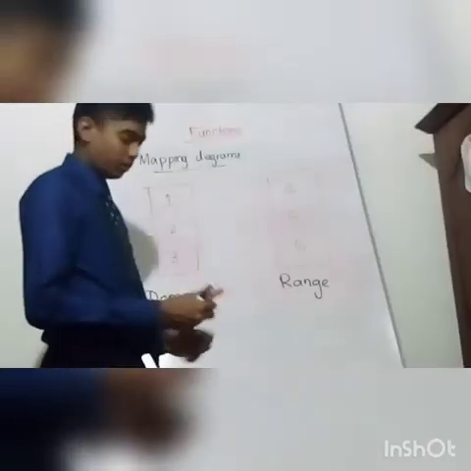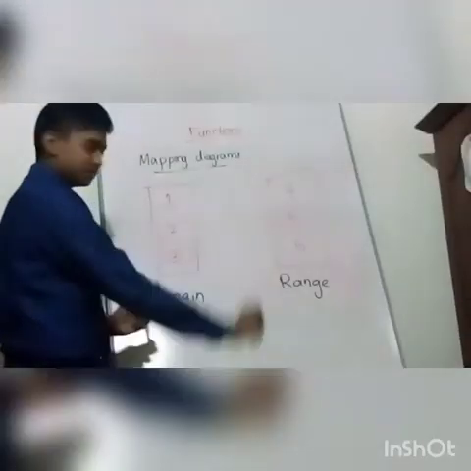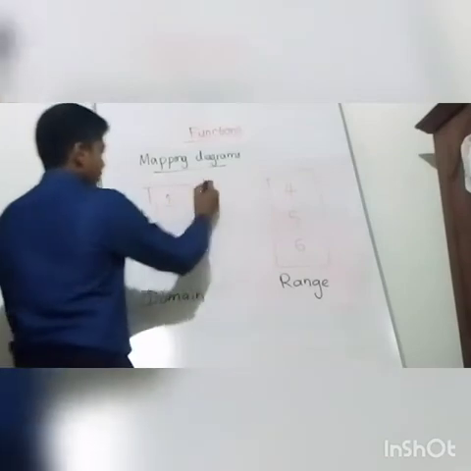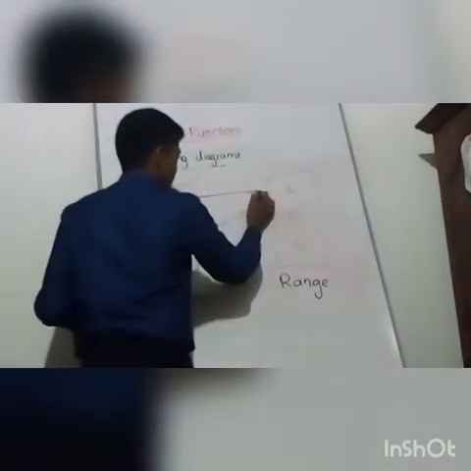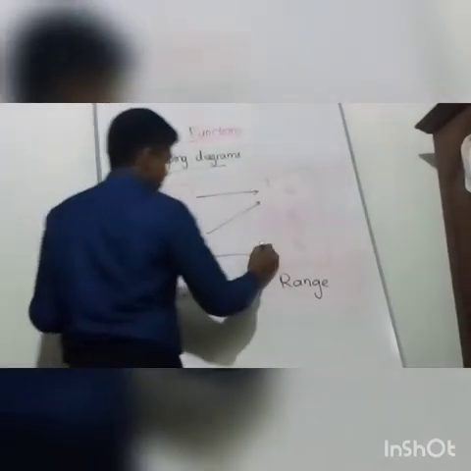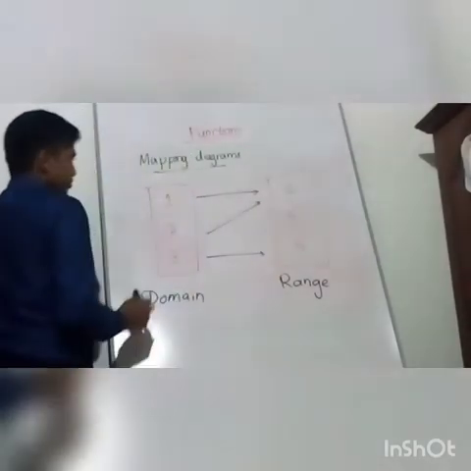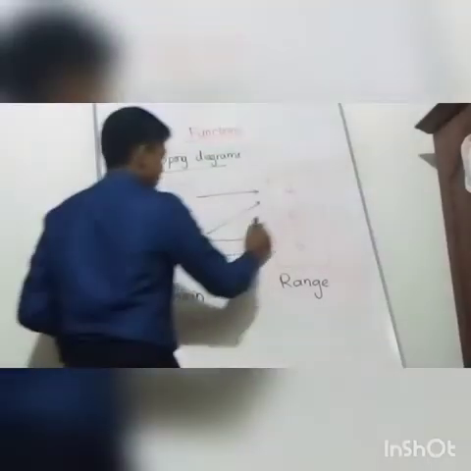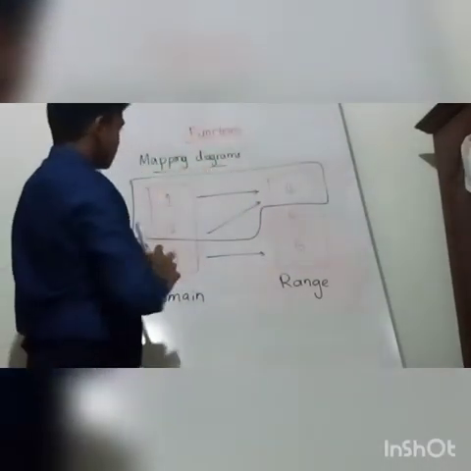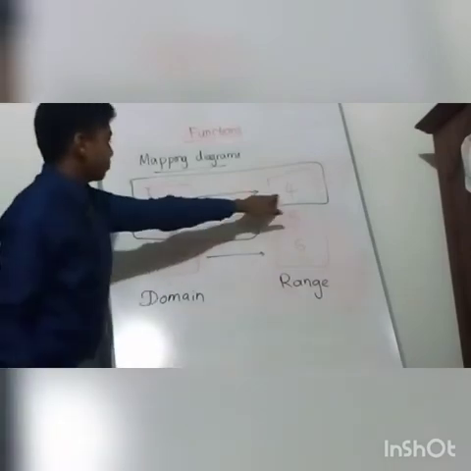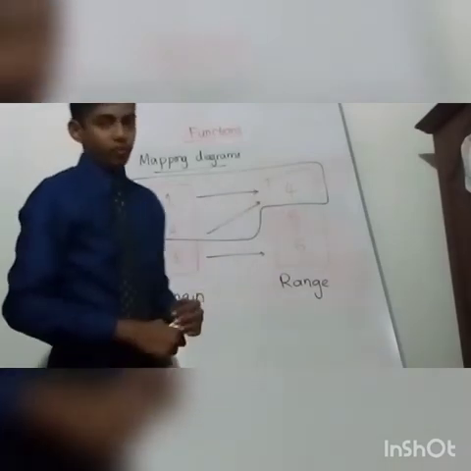Now I'm going to do the next one. Here, 1 will become 4, 2 as well will become 4, and 3 will be 6. Here you only have to consider this part. You can see 1 has become 4 and 2 also has become 4.